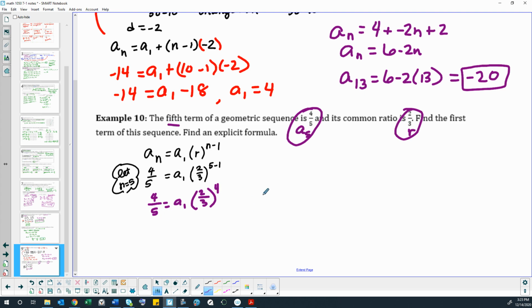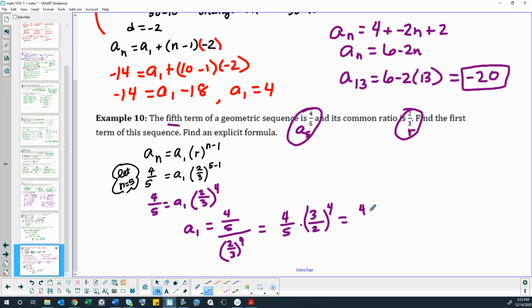So that would mean that a sub 1 is equal to 4/5 divided by 2/3 to the 4th power, which means 4/5 could be multiplied by 3/2 to the 4th power. Because when I divide by a fraction, I can flip it over and multiply it instead.